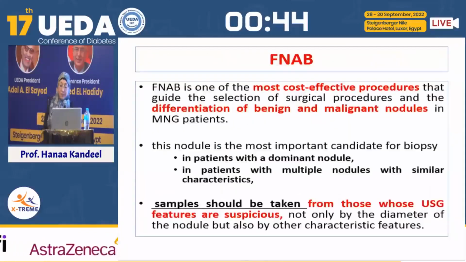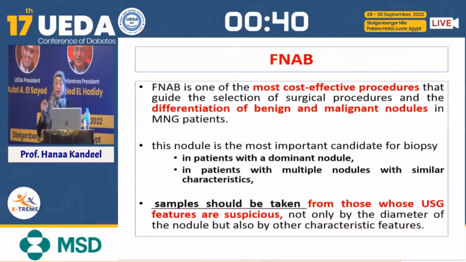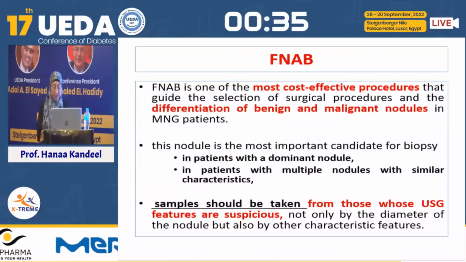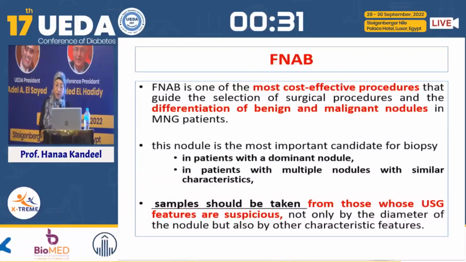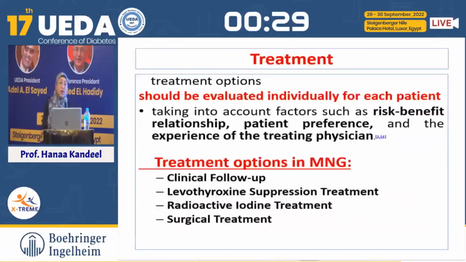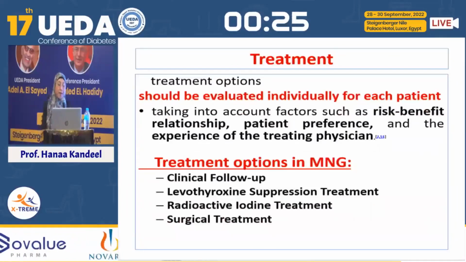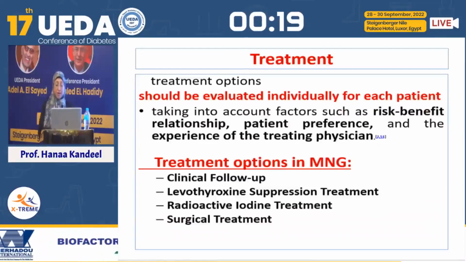Fine needle aspiration: if we have suspicion of a malignant nodule anywhere in the gland, we can send the patient for fine needle aspiration to decide whether the surgeon will do total or partial thyroidectomy or not. The treatment is either clinical follow-up in simple cases without compression, or levothyroxine suppression treatment.